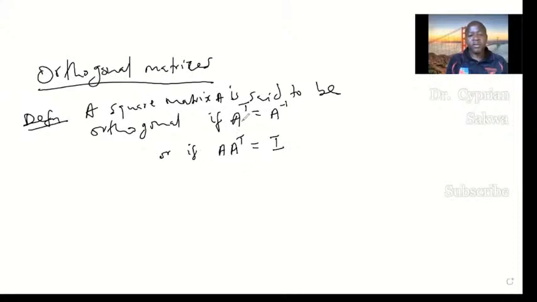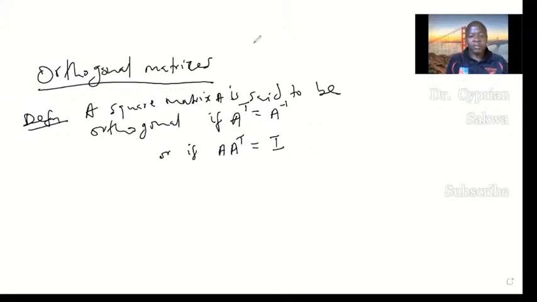Of course I know that A inverse times A gives me the identity. So if the transpose of A is the same as the inverse of A, then it means A times the transpose of A will also give me the identity matrix. So this is the definition of an orthogonal matrix.